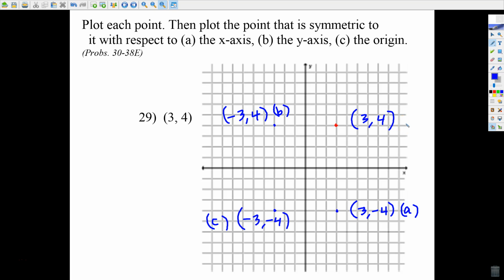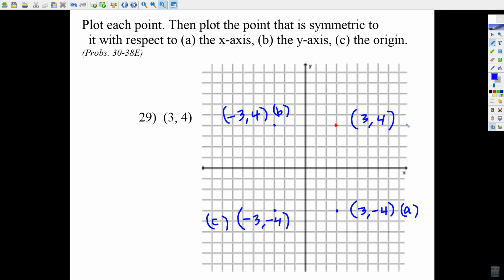This is kind of leading into what we're going to have a discussion about on Monday. But I'm curious if there's a takeaway from this, something that you notice when it comes to looking at a given point and comparing that point with its x-axis symmetry point. Just take a little picture of it in your mind.